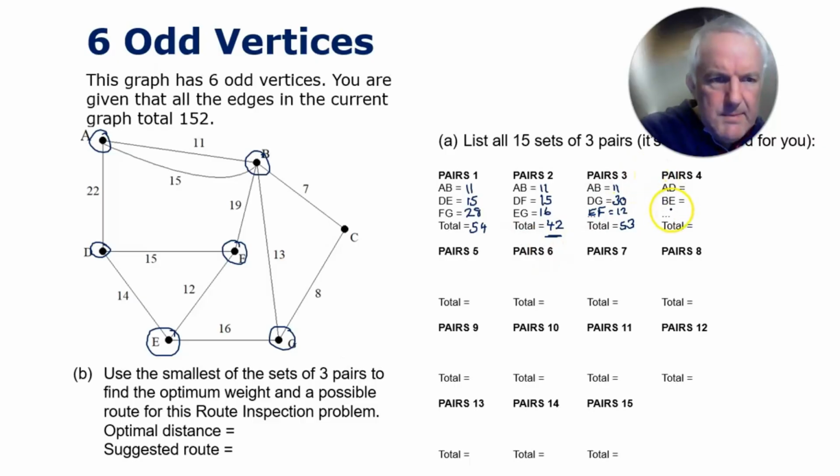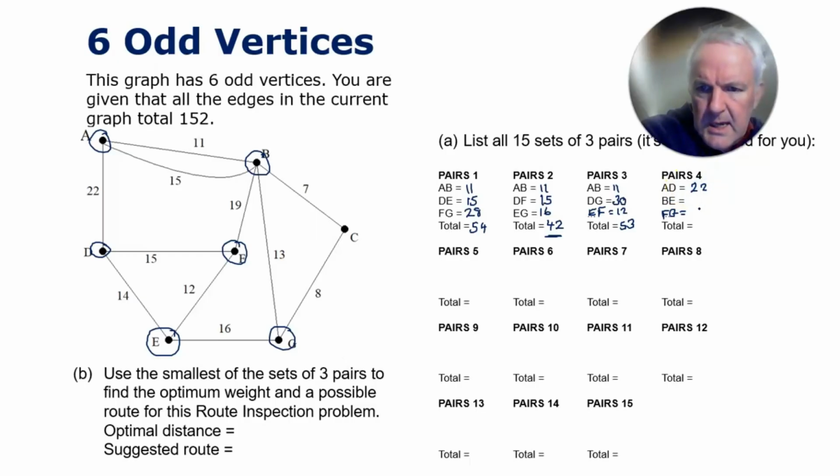A to D, B to E. What are my A to D, B to E, and F and G, I think, is my last one. I think that's right. Effectively, I've just swapped those round. So A to D is obviously 22.